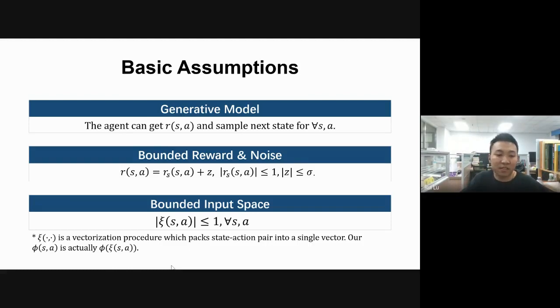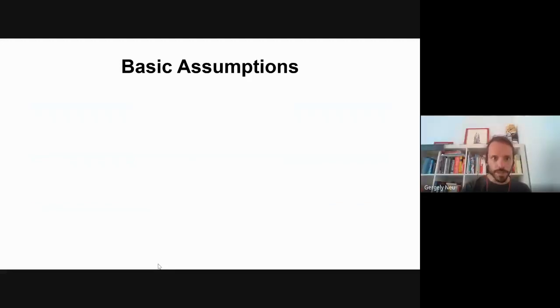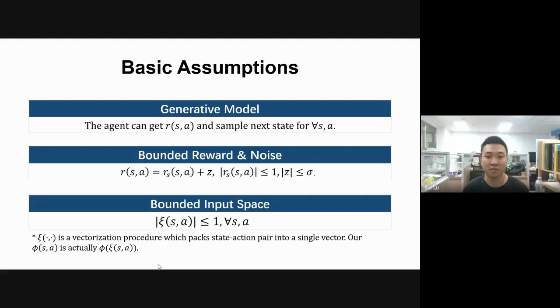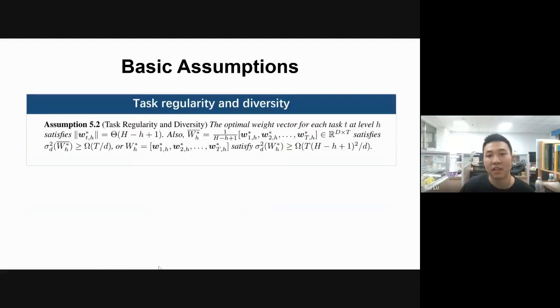If the action space is continuous, you can simply concatenate the state and action. Is that the 2-norm? Yes, the 2-norm. Good.